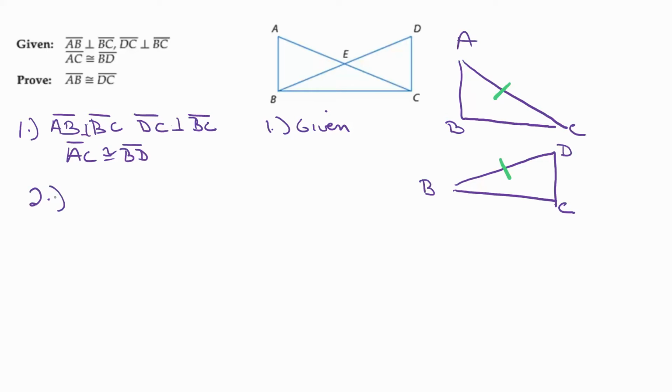Now we have 2 sets of perpendicular segments, and those tell us that ABC is a right angle, so angle ABC, and that is because AB is perpendicular to BC. DC is perpendicular to BC, so that tells us that angle DCB is also a right angle.